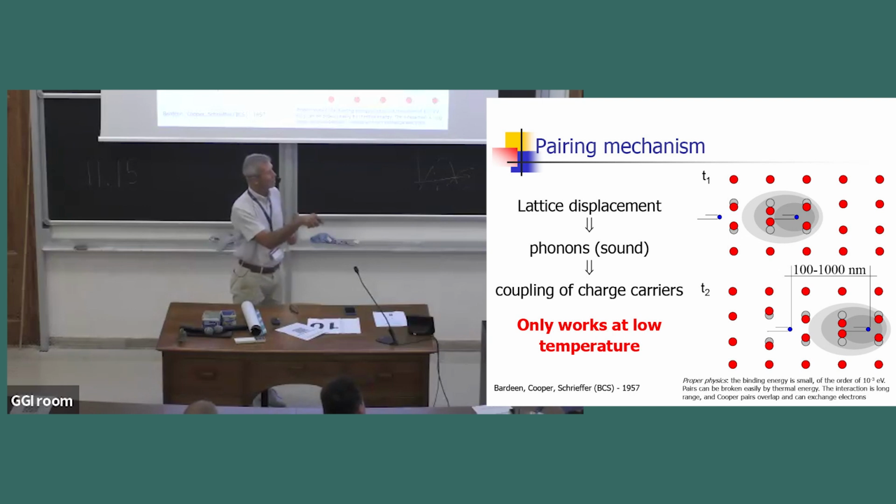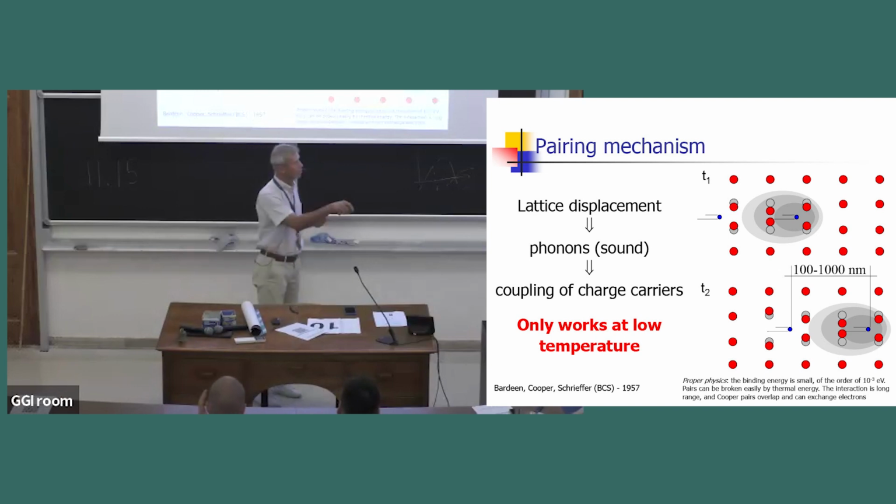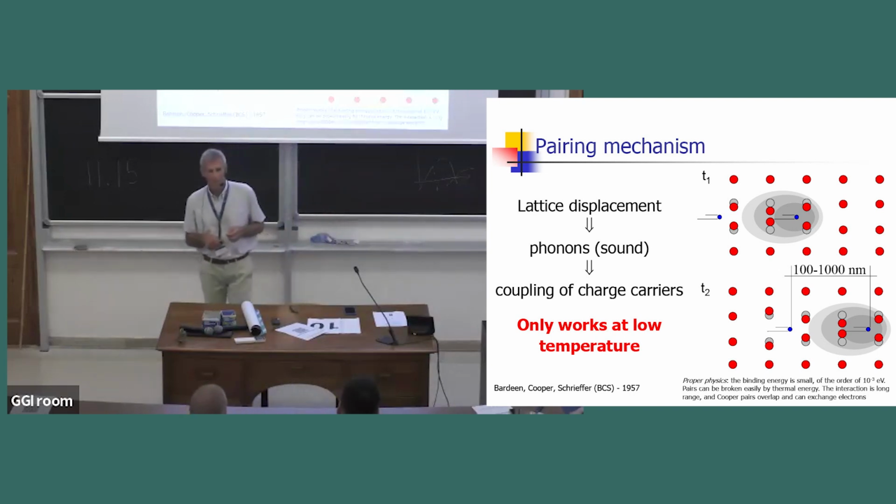Now, lattice vibrations are nothing else but sound. That's phonons that propagate through the lattice at the passage of the charged particles. So what couples the two electrons is actually phonons, okay? And as you can imagine, the force exerted by phonons is not much, which means that that energy gap is not very wide.